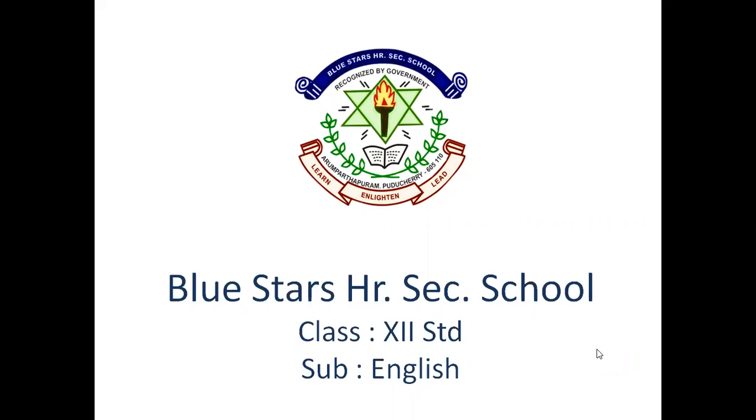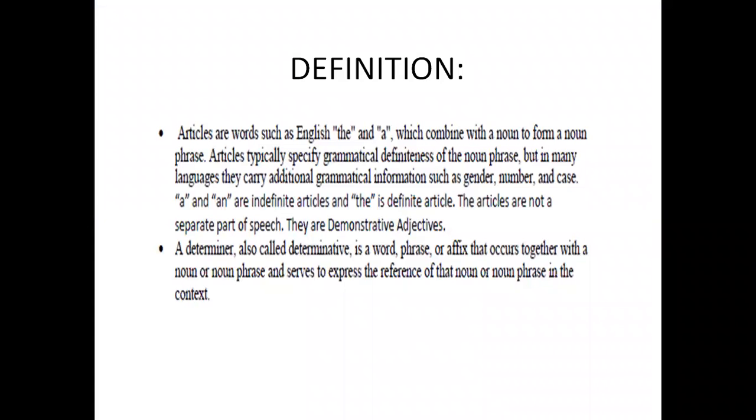So, today we are going to learn articles and determiners. So, what is meant by articles? Articles are words such as, in English, the and a, which combine with a noun to form a noun phrase.